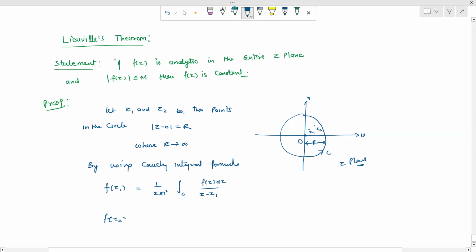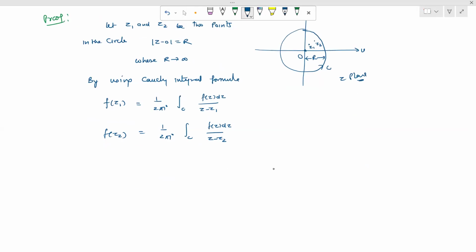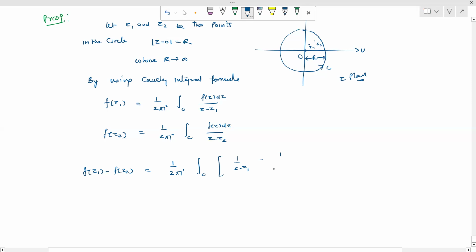For the second point z2, which lies inside the circle C, we write f(z) dz upon z minus z2. Now we write f(z1) minus f(z2) is equal to 1 upon 2 pi i, integration along the circle C of 1 upon z minus z1 minus 1 upon z minus z2, times f(z) dz.